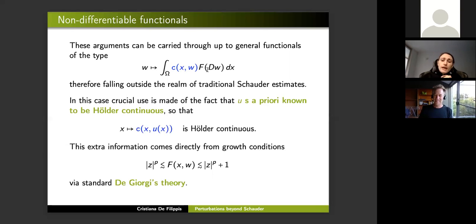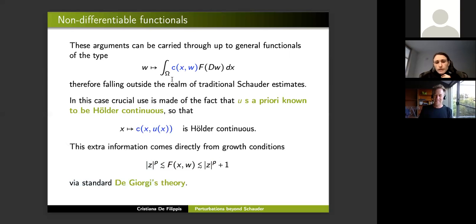However, when f satisfies Ladyzhenskaya and Ural'tseva's assumptions, or just, I repeat, let f just be the p-Laplacian for simplicity, we can apply standard De Giorgi theory, okay, to prove that minimizers of this variational integral are Hölder continuous, okay, and this comes just from De Giorgi's theory.